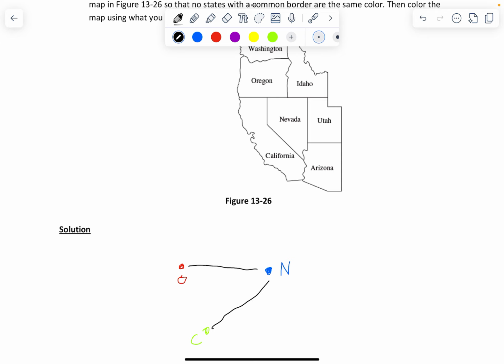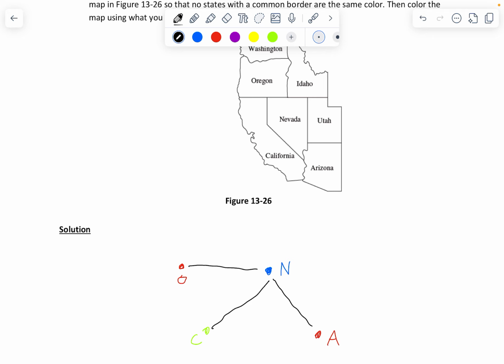We'll make Arizona red. I've been using black for the actual edges, right?